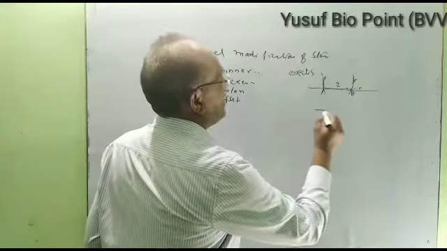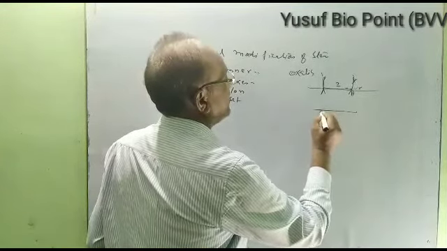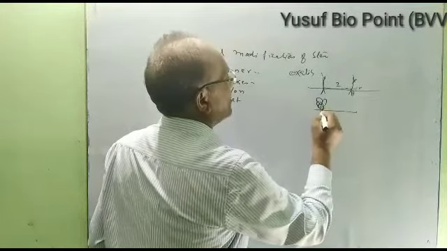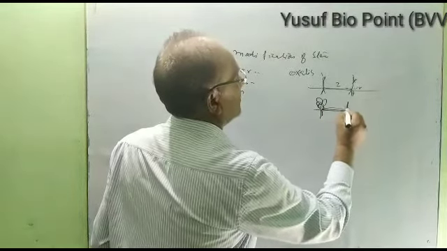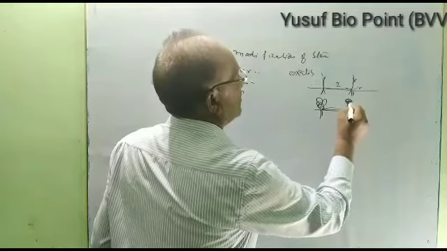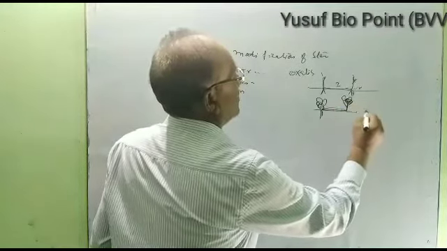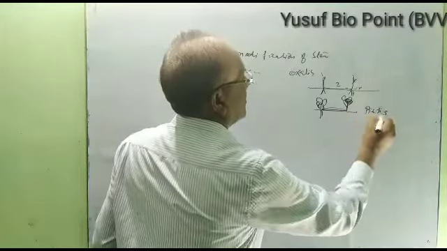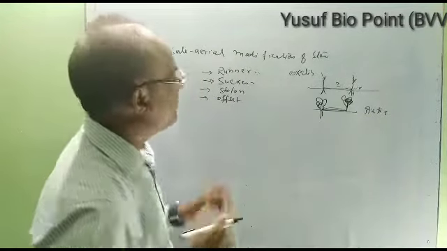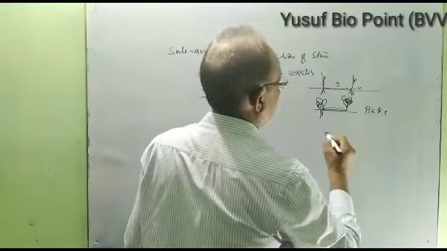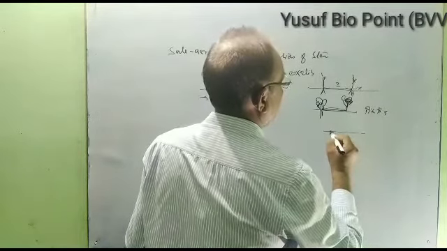In some plants like pistia you will see nodes, internodes, leaf and buds.